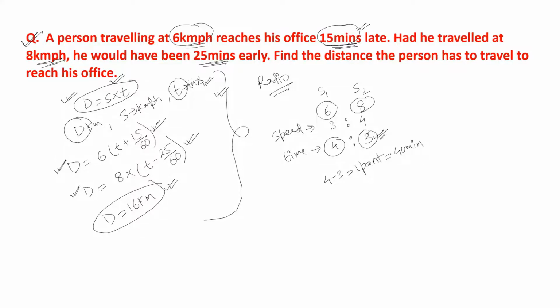So these 3 parts would be 3 into 40, that is 120 minutes, or 2 hours. That means when the person travels at 8 kmph, it takes 2 hours to reach the office. So the total distance would be speed into time, that is 8 kmph times 2 hours, which is 16 kilometers.